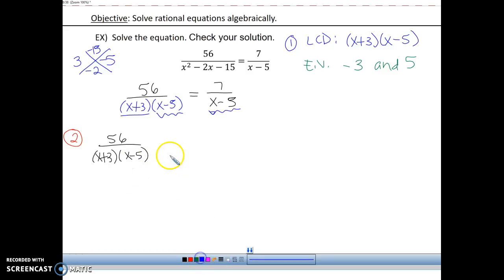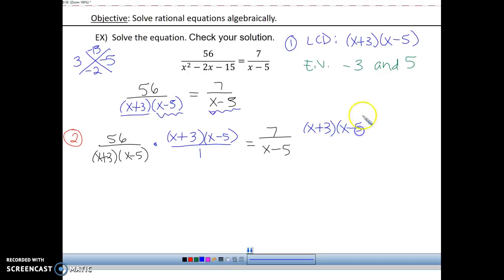And you want to multiply by the LCD, which is this, x plus 3 times x minus 5, all over 1, equals 7 over x minus 5 times the LCD, which is x plus 3, x minus 5 again, all over 1. And then you want to clear the denominators to see what cancels out.